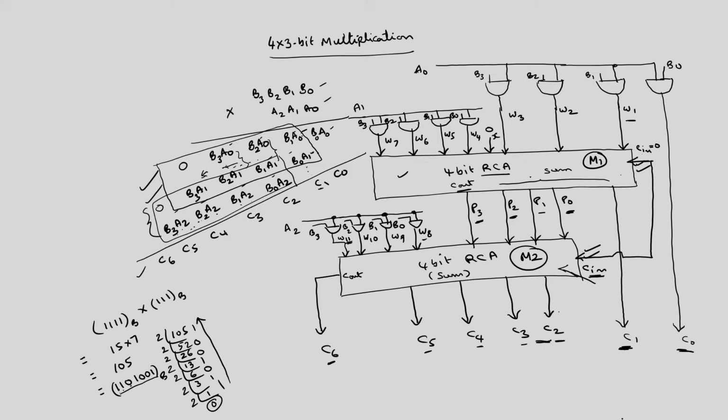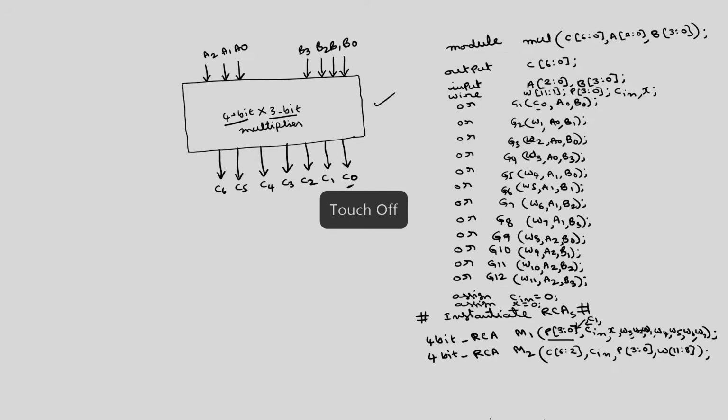C1 has been produced in the previous 4-bit ripple carry adder, C0 through this AND gate. So, now I have got all the outputs. So, this is the AND module. Okay. Here you have got C1 output, here C2 to C6, and here you have got C0. So, in total C6 to C0 will be generated.